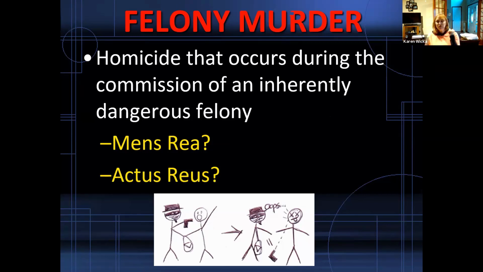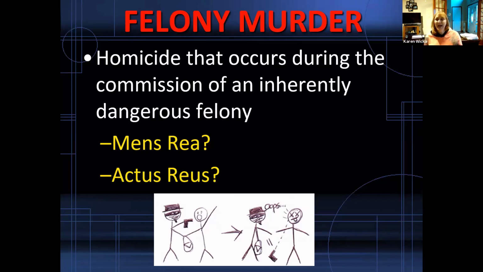So if you choose to participate in or commit an inherently dangerous felony, a crime that is very likely to hurt or harm people, then we're going to be able to charge you with felony murder, even if you didn't really intend for someone to die. So we look at your intent to commit the felony.